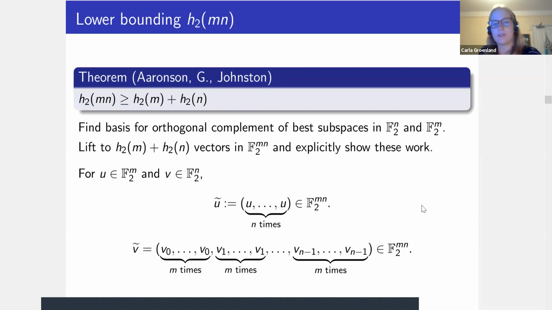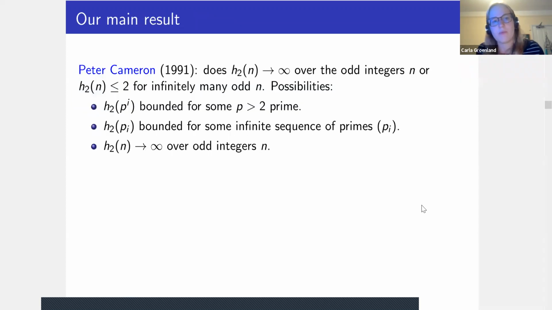But what I wanted to talk about in this talk is the main result of the paper. That's relating to a question of Peter Cameron, who asked what the behavior was of h2 of n over the odd integers n. He asked whether it tends to infinity or whether it remains bounded by 2 for infinitely many odd n. I don't know why he asked the upper bound 2. There's a lower bound of 2 that might have been known by then already.